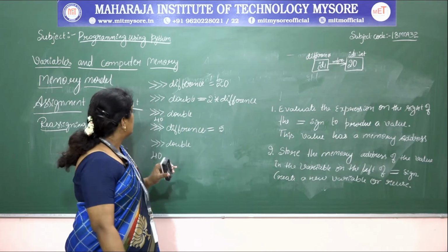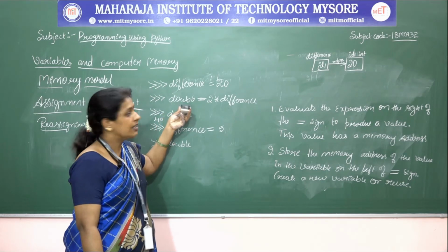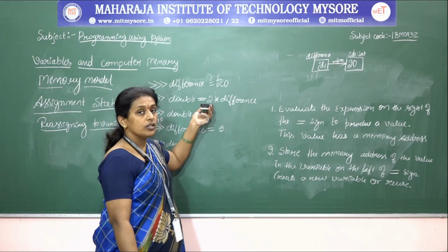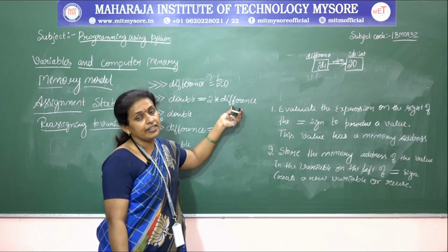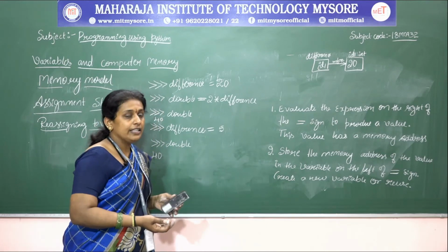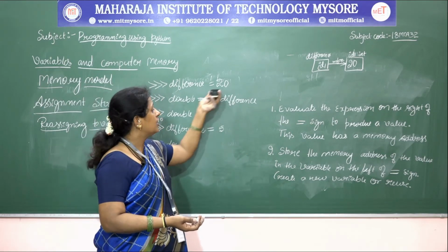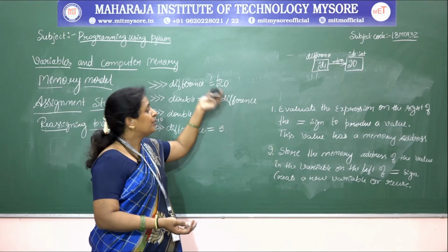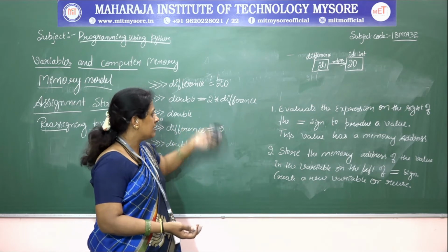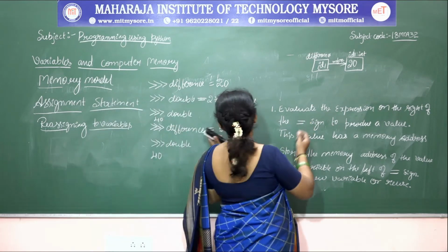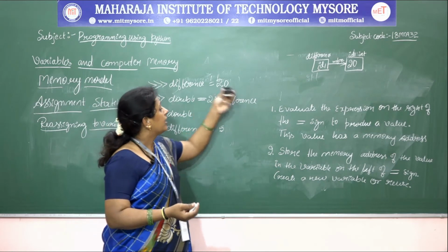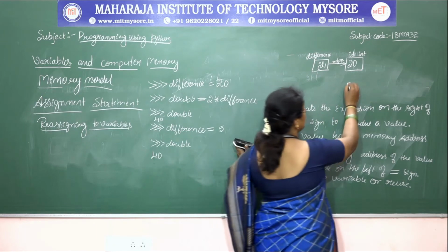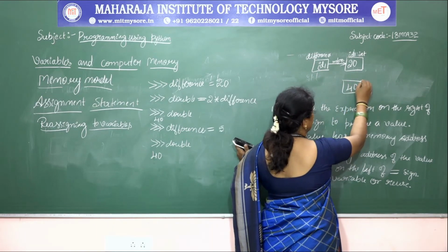Clear? Next statement, here I am evaluating the expression double = 2 * difference. So I am multiplying the content of difference with 2. What is the difference value here? It is 20. 20 multiplied by 2, I will get the answer as 40. That is the value produced on the right-hand side of the equal sign, it is 40, and I need to assign a memory address.